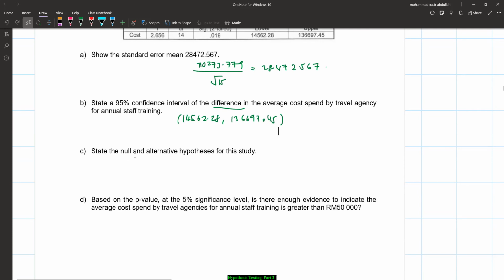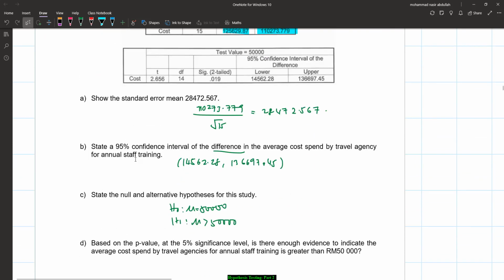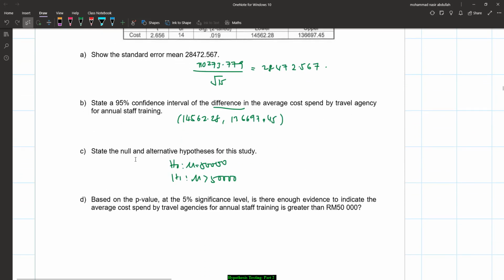State the null hypothesis and alternative hypothesis. Null hypothesis: mu is equal to 50,000. Alternative hypothesis: mu is greater than 50,000. Based on the p-value at a 5% significance level, is there enough evidence to indicate the average cost spent is greater than 50,000?